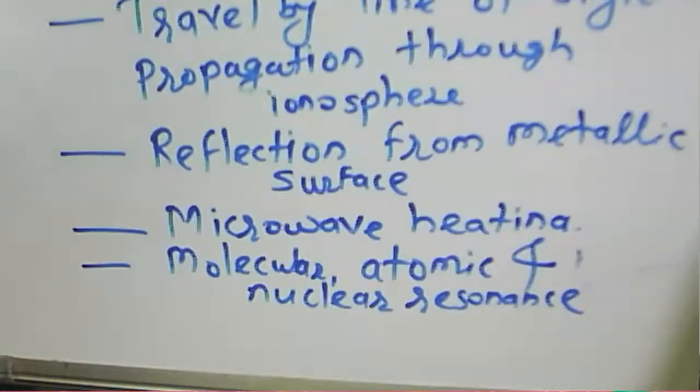Microwaves are capable of interacting with matter, and when they interact with matter, microwave absorption takes place, and it provides information about the molecular structure or the energy level of that particular atom. So that is useful for understanding or working on atomic or nuclear resonance.